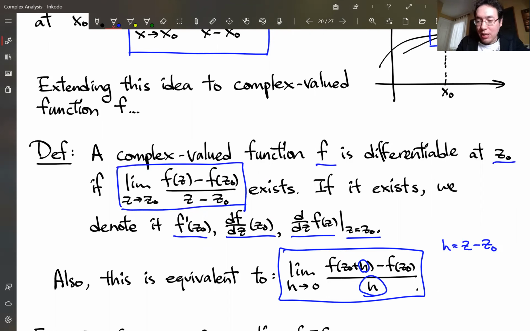And then the limit as z approaches z naught is equivalent to the limit as h goes to 0. So this is the equivalent limit. The only thing is that, again, it's only equivalent if you consider h to be a complex number. So it could approach from the imaginary axis as well as the real axis, or any other direction in between.